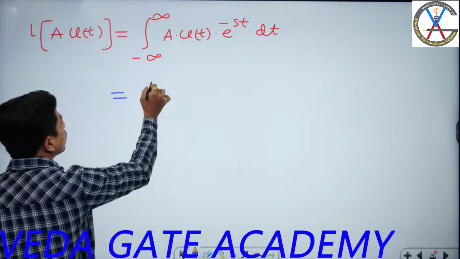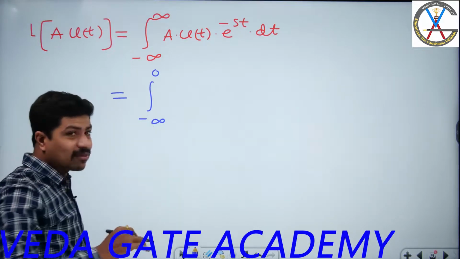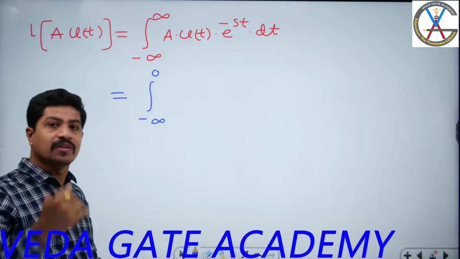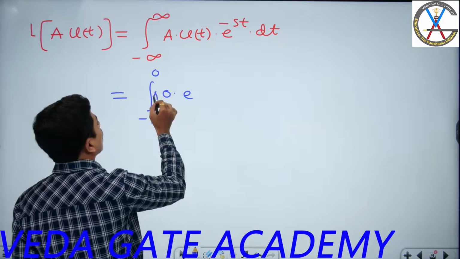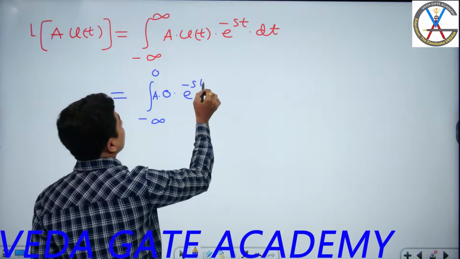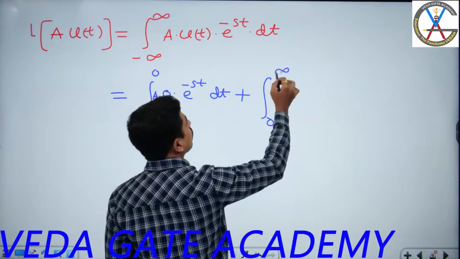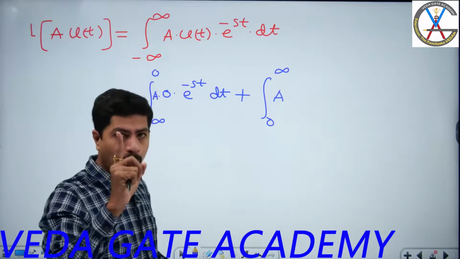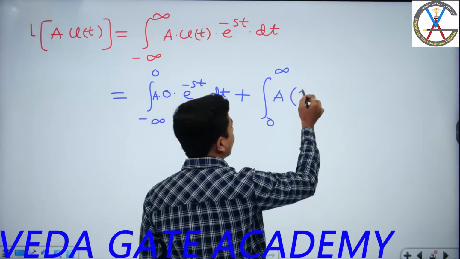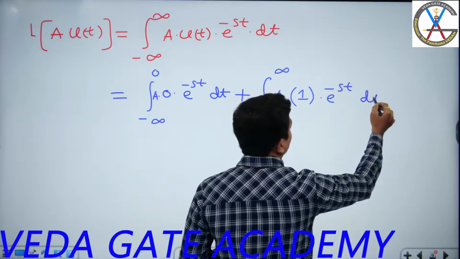So split this integration like this: minus infinity to 0. What is the value of u of t from minus infinity to 0? 0, into a into e power minus st dt, plus the integral from 0 to infinity of a into u of t, which is 1 for t greater than 0, into e power minus st dt.